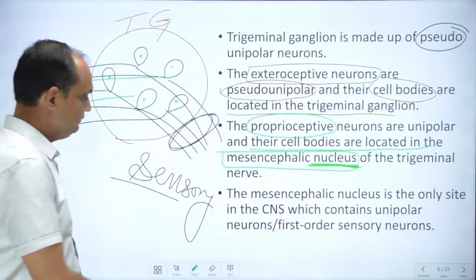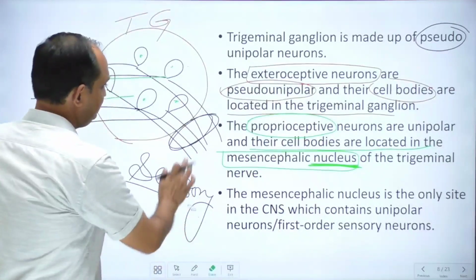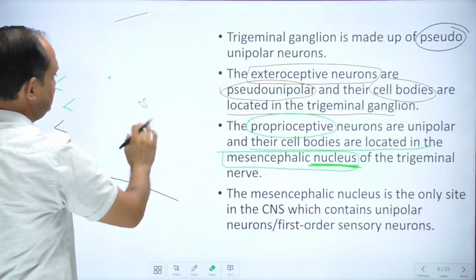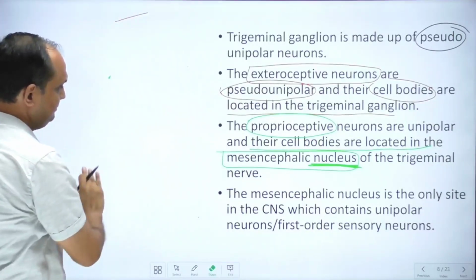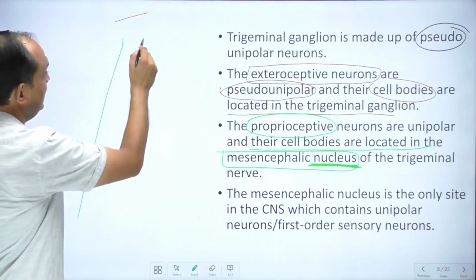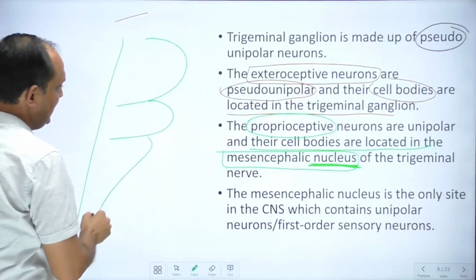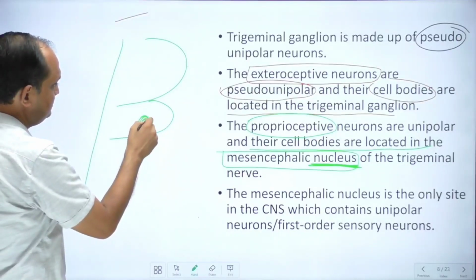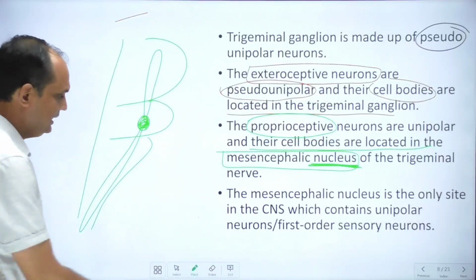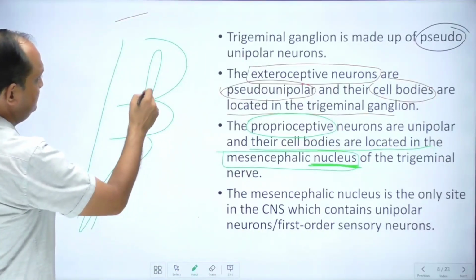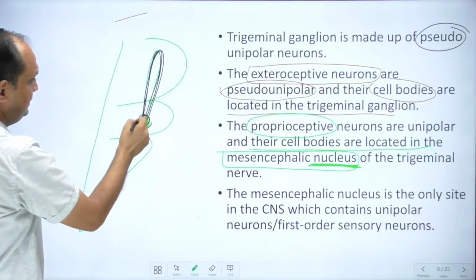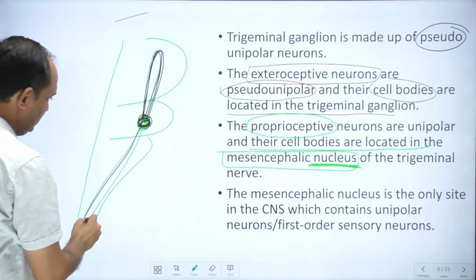So when you see your pons, the midbrain, the brain stem, inside the brain stem we will see that there are nuclei present, and those are known as the nuclei of the trigeminal nerve. Now this nuclei of the trigeminal nerve has an upper part, center portion and lower part.